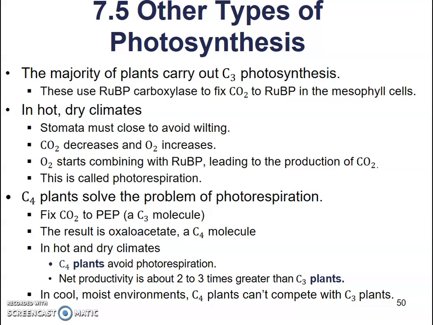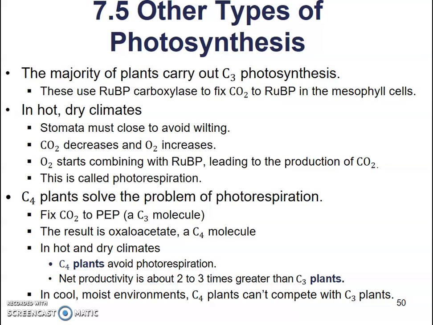So CO2 decreases and O2 increases. So when those stomata are closed, carbon dioxide can't get in and oxygen can't get out. So the oxygen starts combining with the RUBP, leading to the production of CO2, which is called photorespiration.